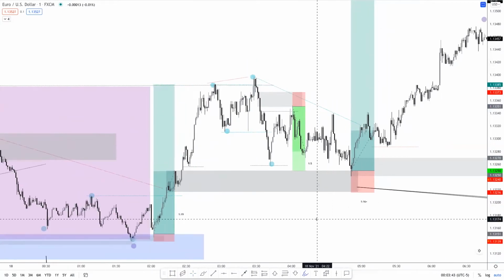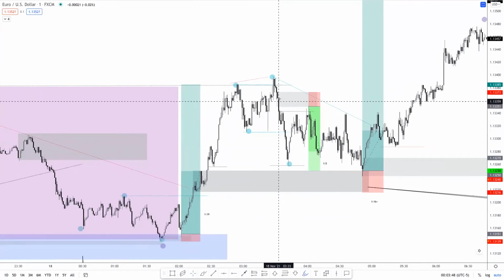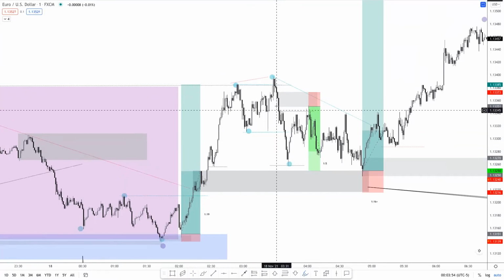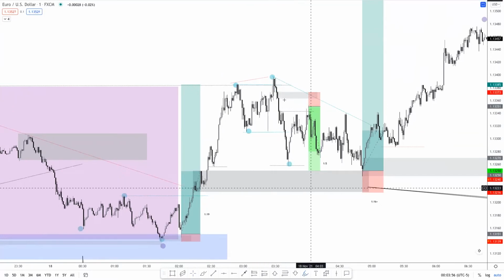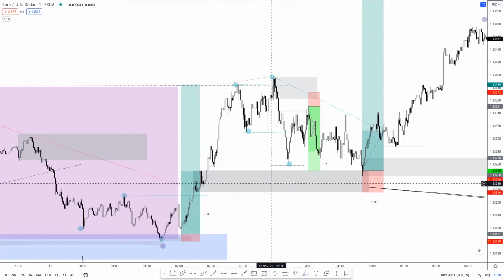Gotcha. All right. So basically, the reason why I grabbed this entry over here is I actually moved on to the seconds time frame in order to see that mitigation within there. If you were truly just trading the 1 minute, you probably would not have gotten that entry, and you actually would have had to extend your OB up to there.